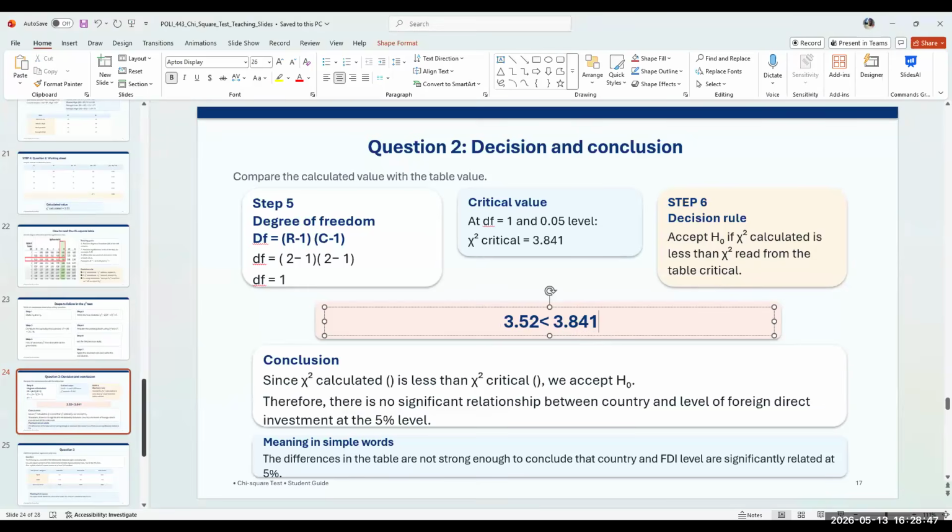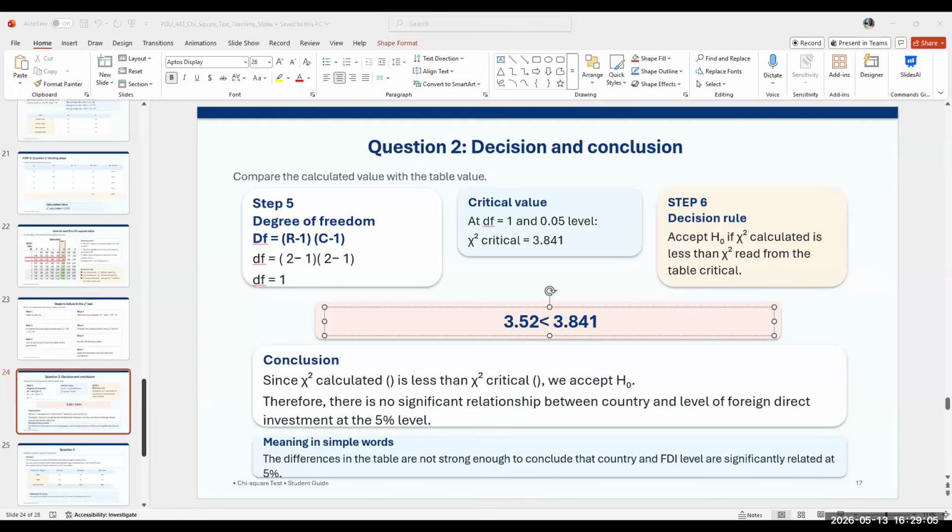Now the question I have is, which one of these? The decision rule says that accept HO if S square calculated is less than S square read from the table.